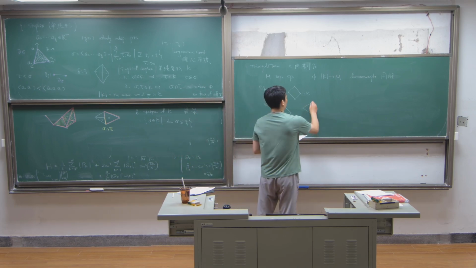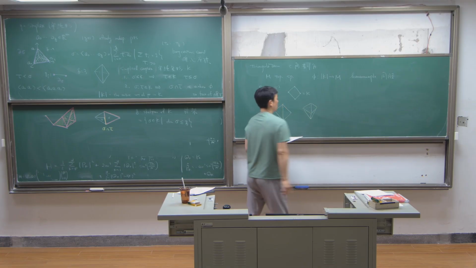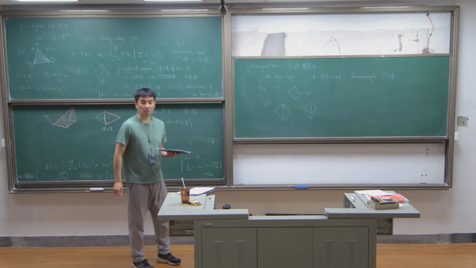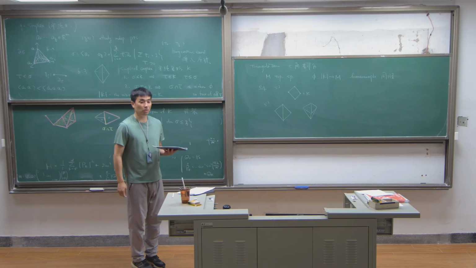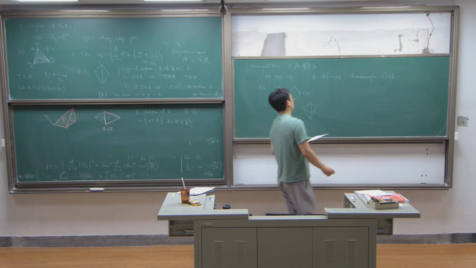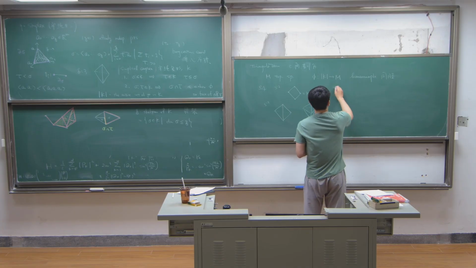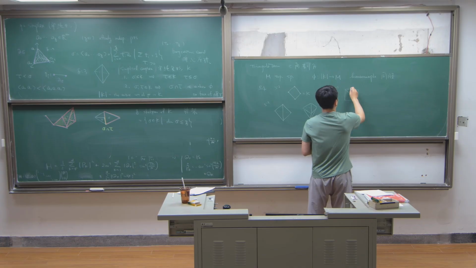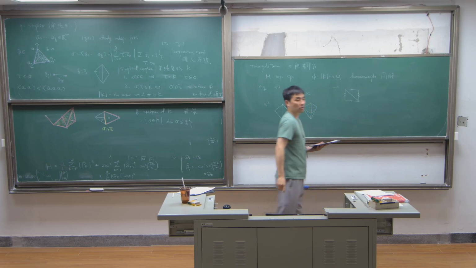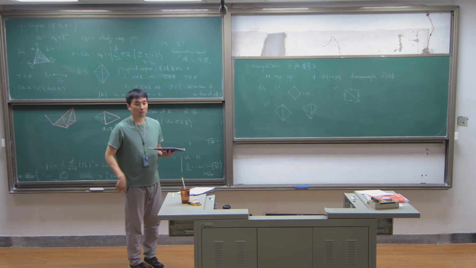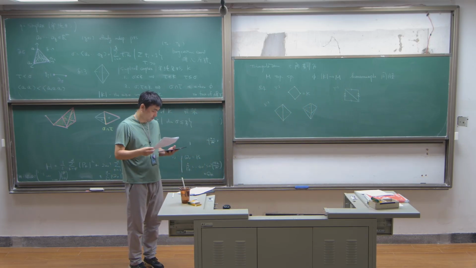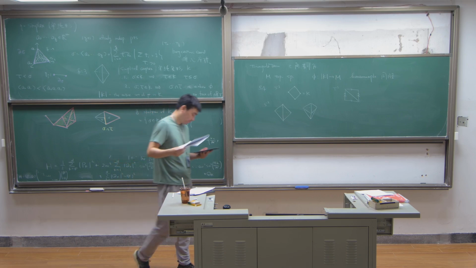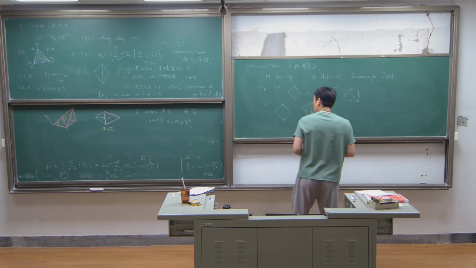There are many triangulations one can consider. This is also another way to triangulate S2. How about T2? This is also a triangulation of the torus, and so on.